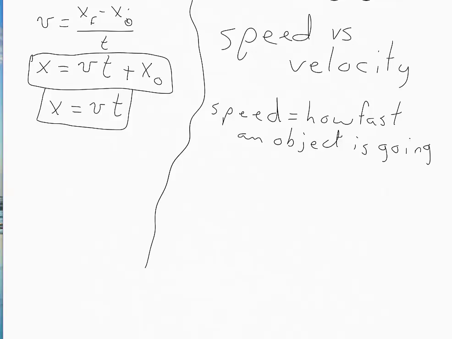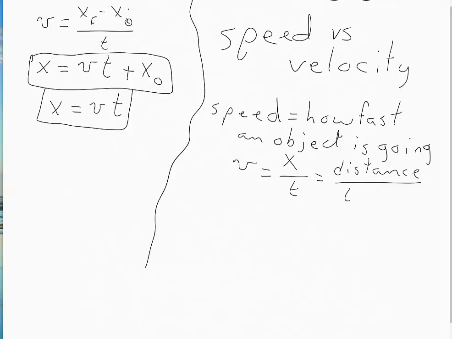The problem here is that when we talk about speed, we also use a v. And it is still our x over t, but in this case, x is distance over time.